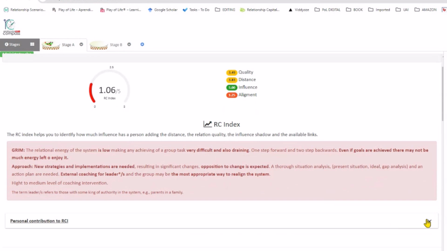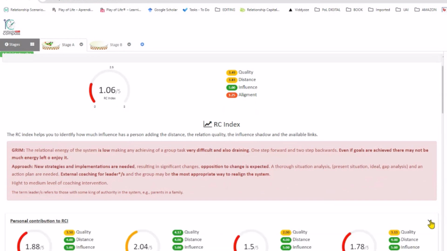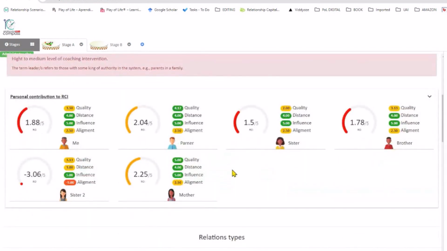Now we can click here in the bottom and it shows the relationship capital of each person. So you have 188, your partner 204, your sister 1.5, 178, your sister 2 minus 3, so it's below.